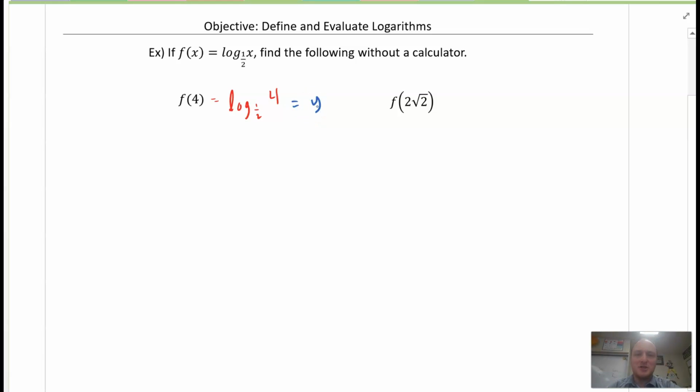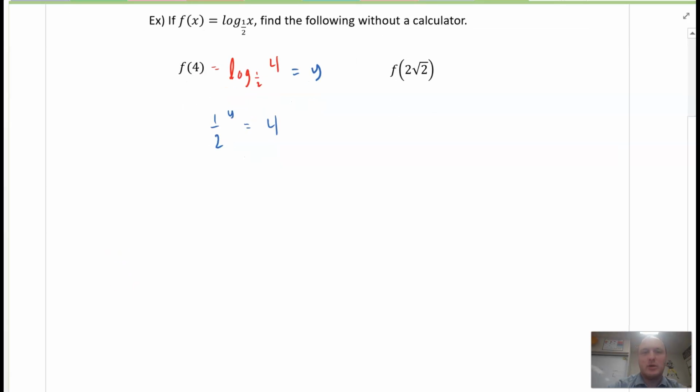I'm going to use y just to not confuse the variables here. And then I'll rewrite this in exponential form. So I have 1/2 to the power of y is equal to 4, and they need to be the same base. So I'll use base 2.